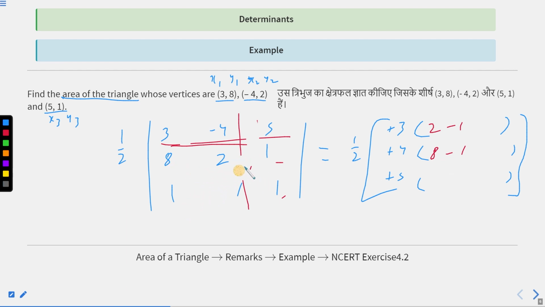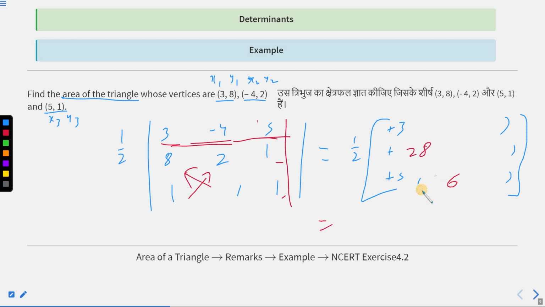Now eliminate this row and column. You are left with only these. So this will be 8 minus 2, sorry, 1. This will be 7. This will be 6. Now this will be just 3. This will be 28, and this will be 30. If you add these, you will get 61 in total.